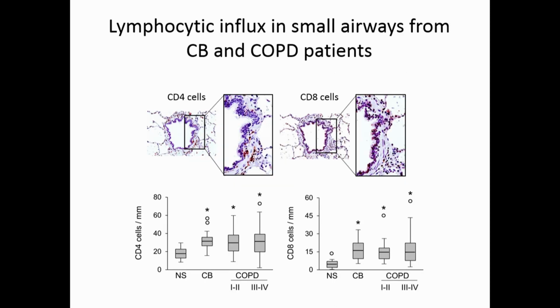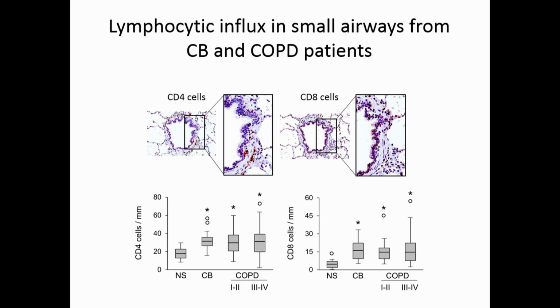So when we looked at the immune and inflammatory cell influx, we first looked at lymphocytes. That's been reported in a variety of chronic lung diseases, and we had seen some lymphocytic infiltrates reported around small airway walls in the original paper. So we did CD4 and CD8 staining, and we quantified these again using the normalization of the length of the surrounding basement membrane.